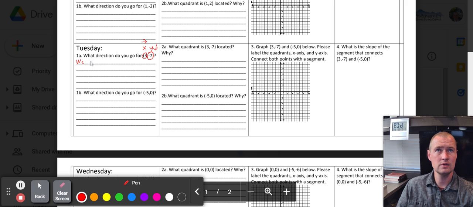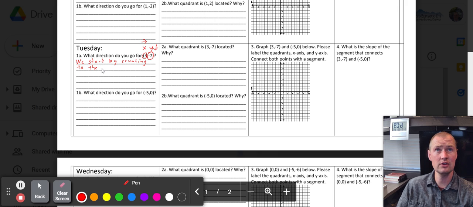We start by counting to the, now try to think, x, right, 3.